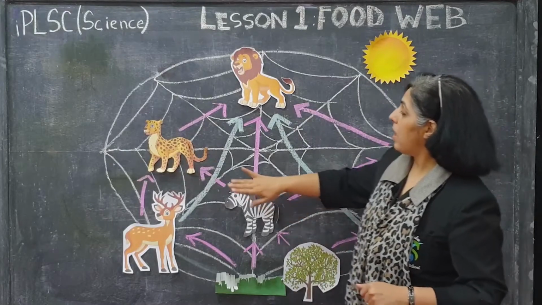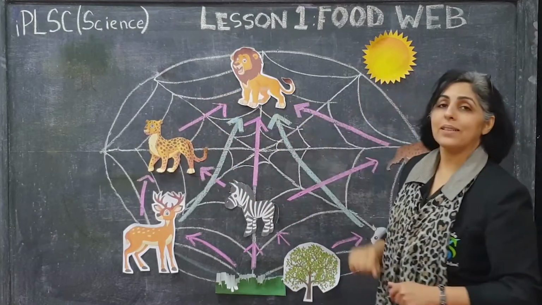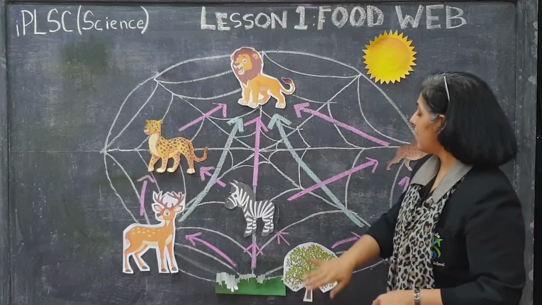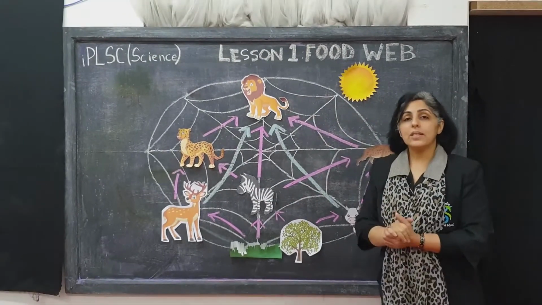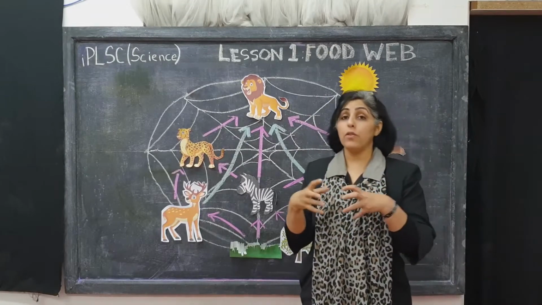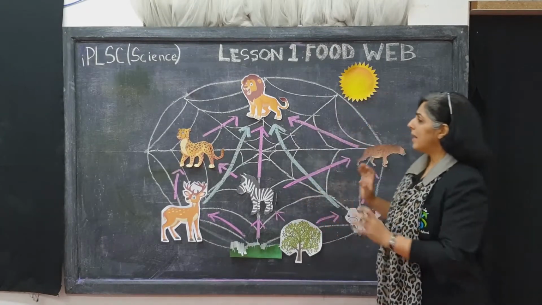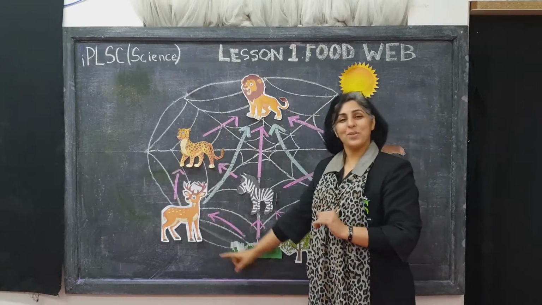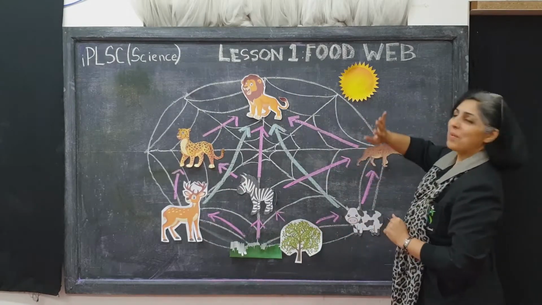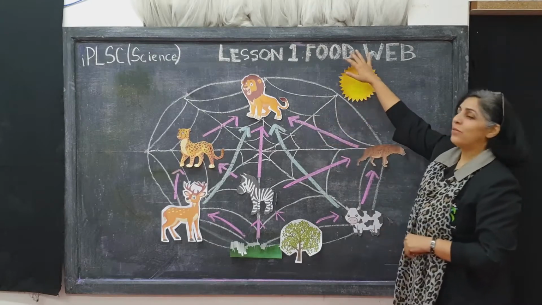Producer, zebra, cheetah, lion. One more. Producer, zebra, hyena, lion. So you can see there are so many food chains all woven together in this one, and it looks like somewhat a web, a Spider-Man's web maybe, and the Spider-Man's web is called a food web.